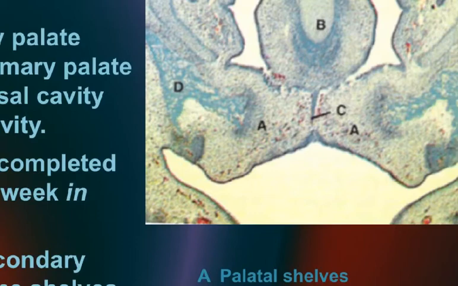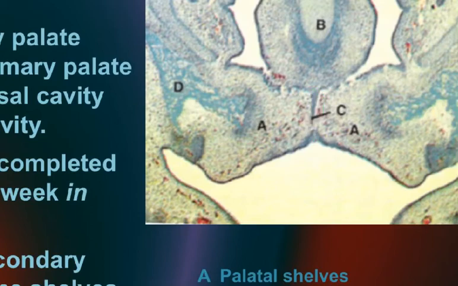So after week 9, from week 10 till week 12, this midline epithelial seam disintegrates. We see part of this disintegration taking place in this section. This seam is not continuous.